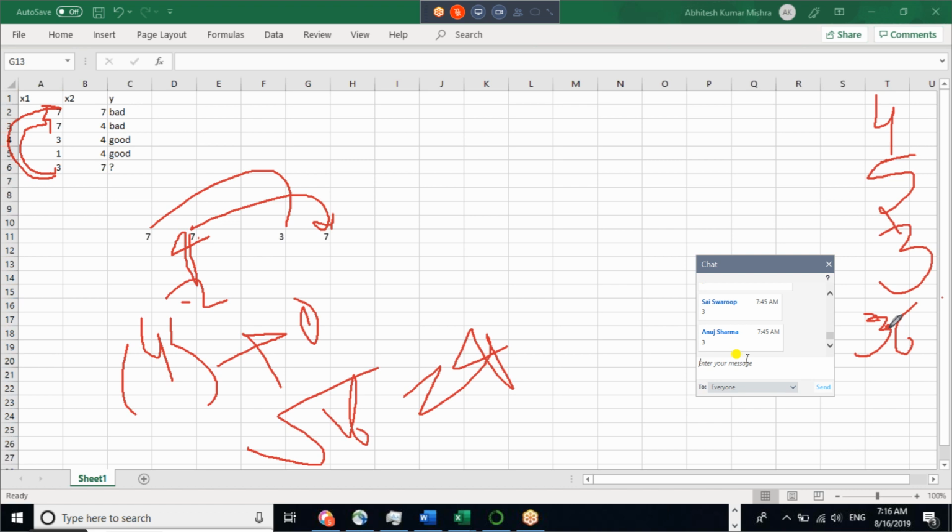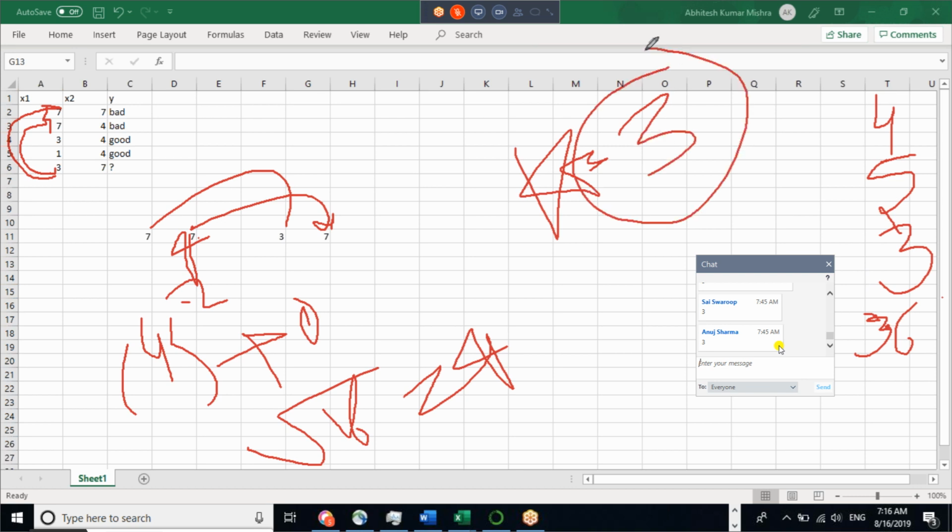Next, I want to take, let's suppose, the nearest values. Let's suppose here k is equal to 3. The nearest values are given, and I'm taking the first values here. So according to 3, which values are nearest?